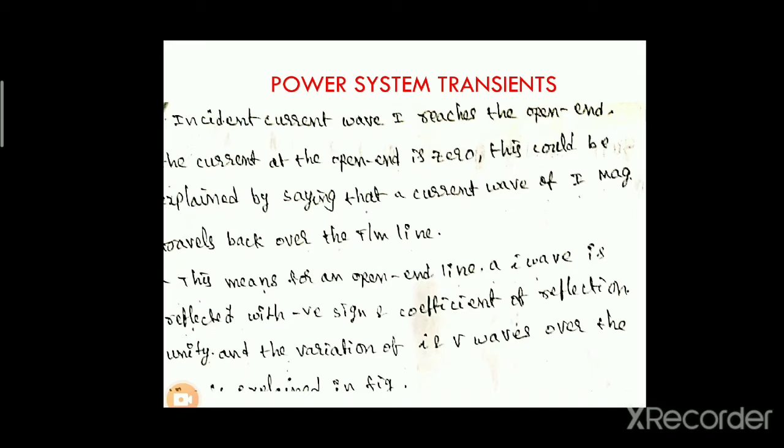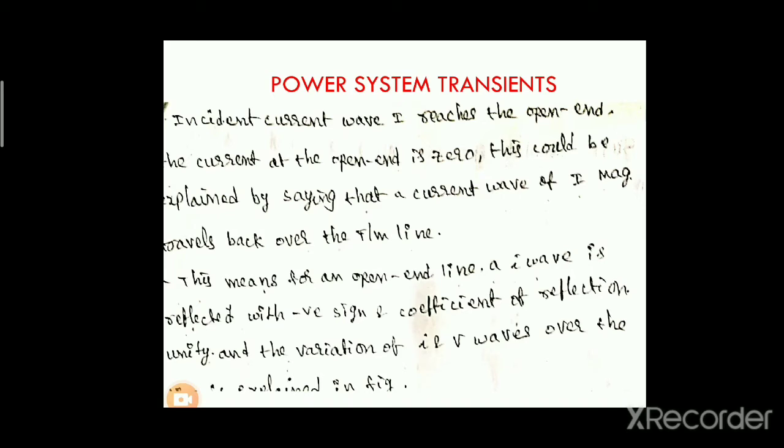When the incident current wave I reaches the open circuited end, the current at the open end is 0. This could be explained by saying that a current wave of high magnitude travels back over the transmission line.